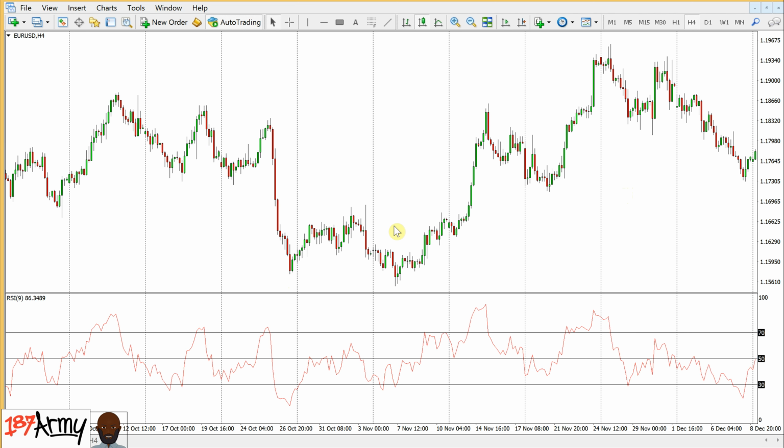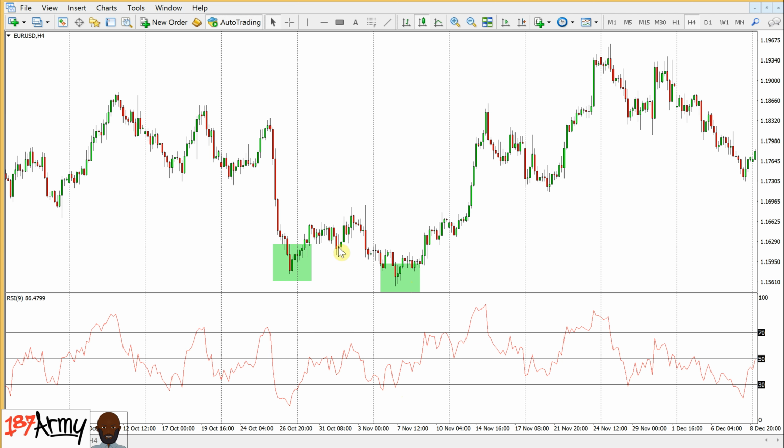Now I'll highlight it and explain it as I go on. I want to show you these two points. Because we're doing bullish divergence, I'll also do it in a green box. So we're looking at this low level here and this low level here. Bullish divergence is when price makes a lower low, but the RSI makes a higher low.